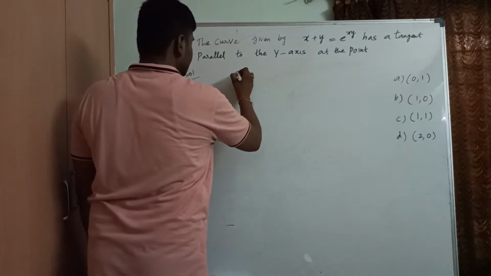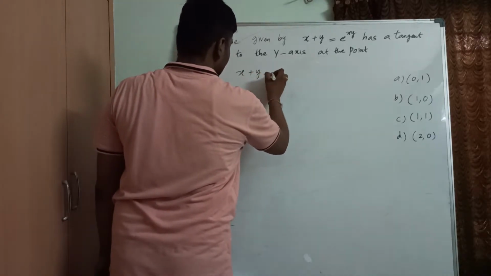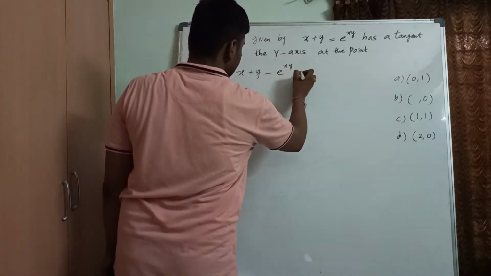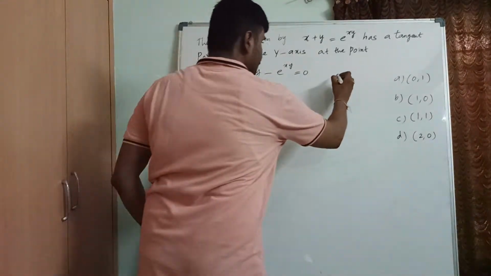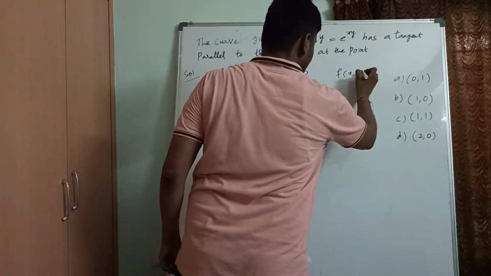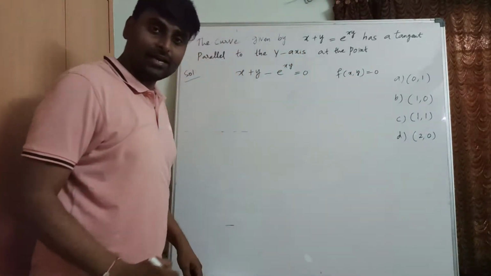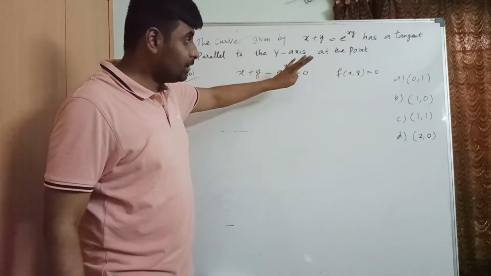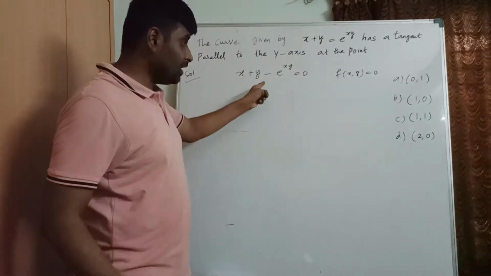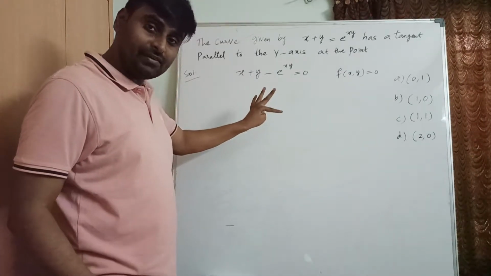So quickly, x plus y minus e power xy equal to 0. This is an implicit function. f of x comma y equal to 0 form means we cannot write that expression in terms of y equal to f of x. Y equal to f of x is explicit. We cannot take y from this. How can we find dy by dx?